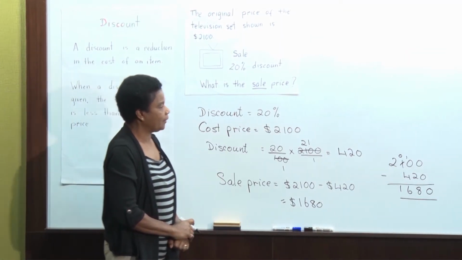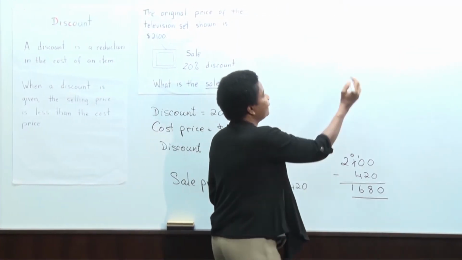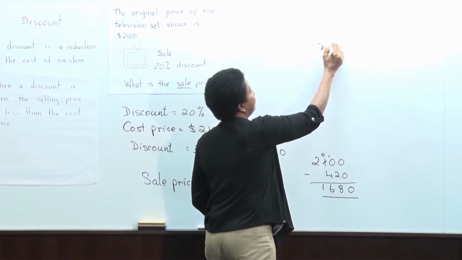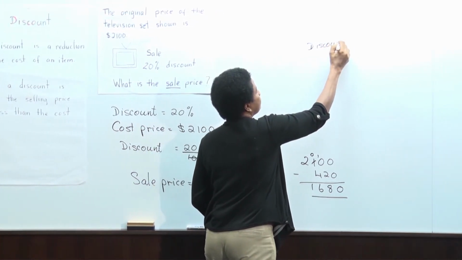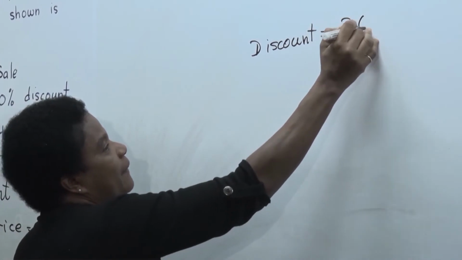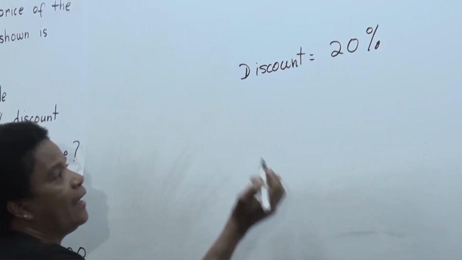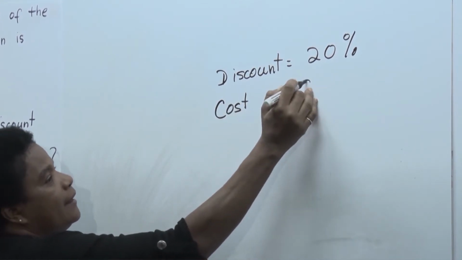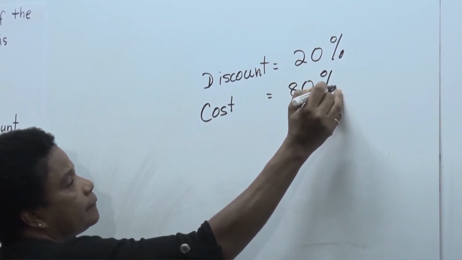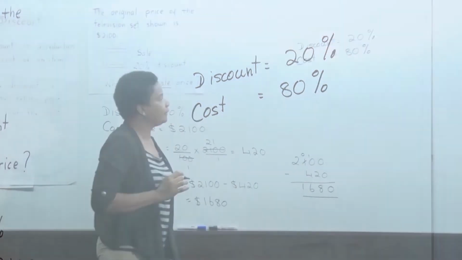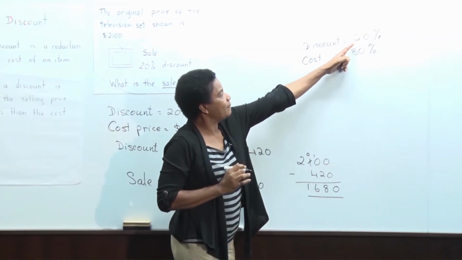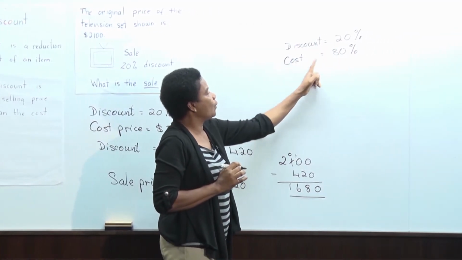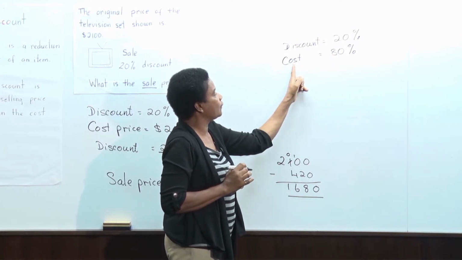However, I know there are some of you who will tell me that if the discount is 20%, then the cost will be 80%. Am I right? If you are getting a 20% discount, then you're only going to pay 80% of the cost.